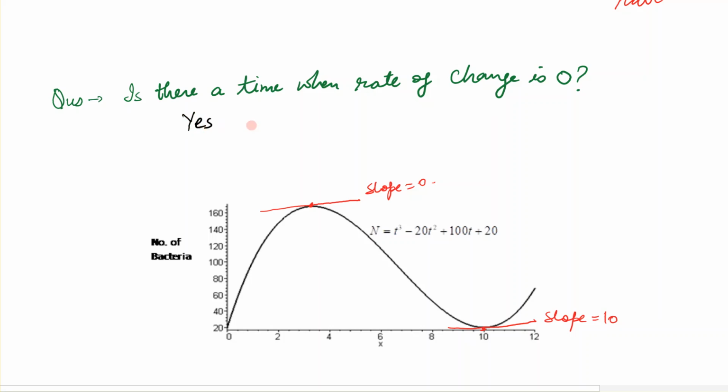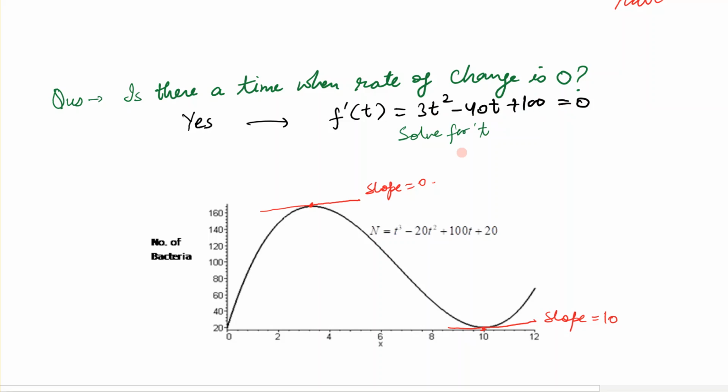And if you want to find that, you can set your derivative, which is 3t squared minus 40t plus 100, equal to 0, and you can solve this quadratic. For solving this quadratic, you can either use your calculator or you can use the quadratic formula.